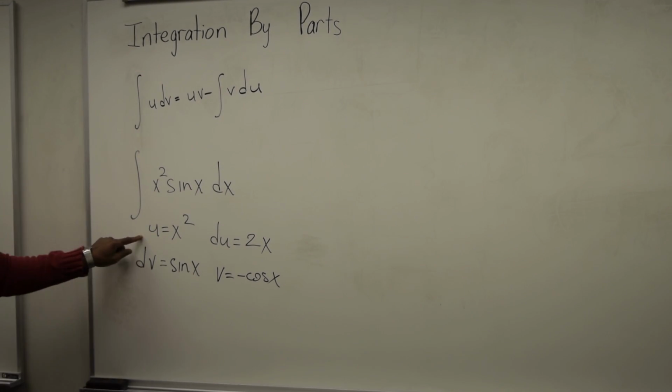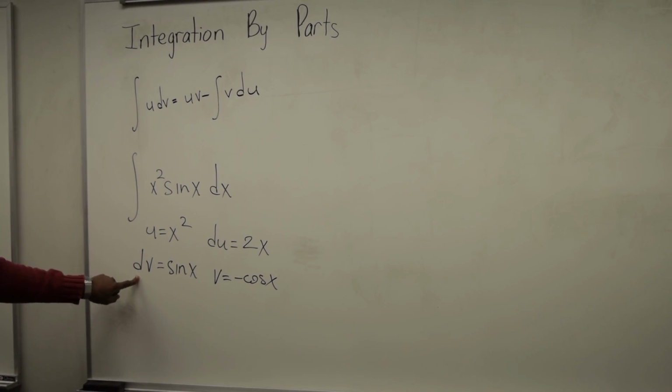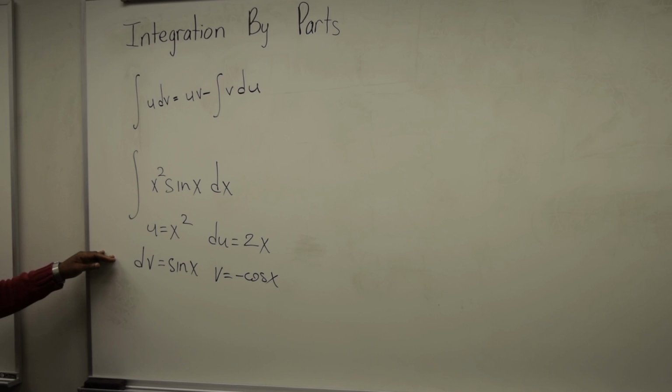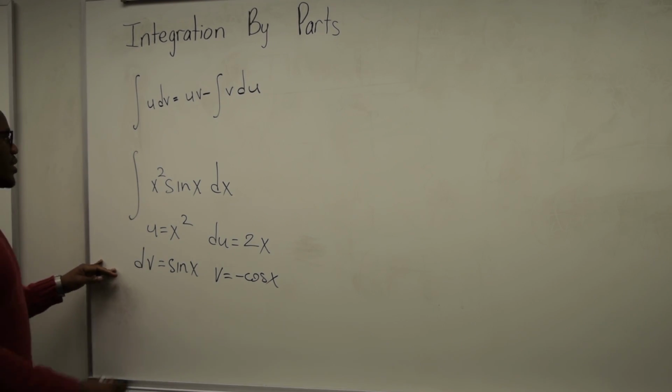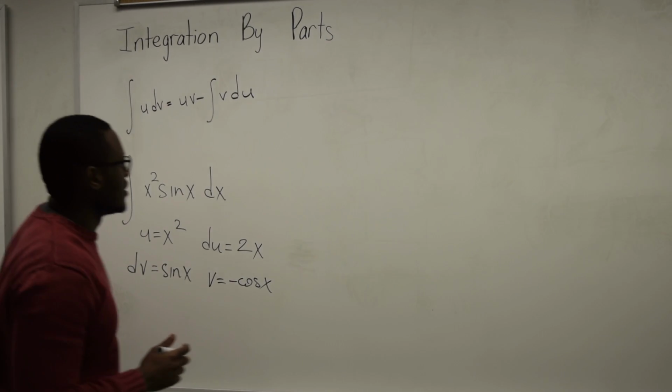So now you have your u, you have your du, you have your v, and you have your dv. And at this point in your expression, it's basically plug and chug. So now we're going to use this information here to rewrite this statement.